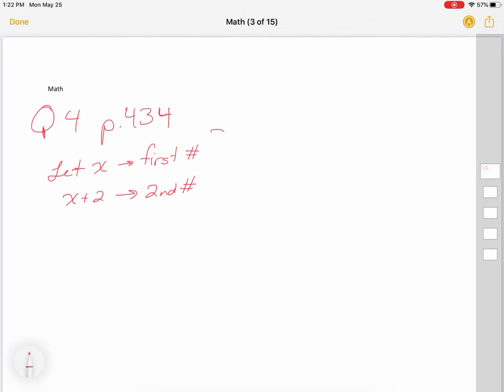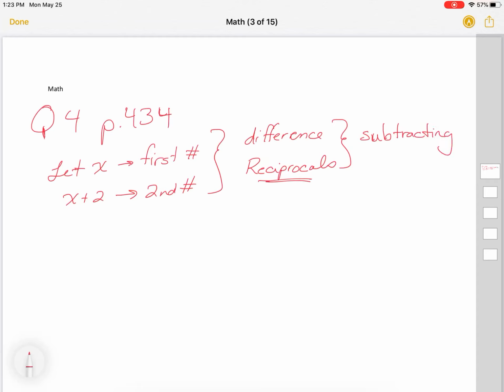Okay? Now the second thing that it wants is the difference between the reciprocals. So we need to make sure we've got reciprocals, and the difference means we're subtracting. So thinking about that, the reciprocal of x is 1 over x.